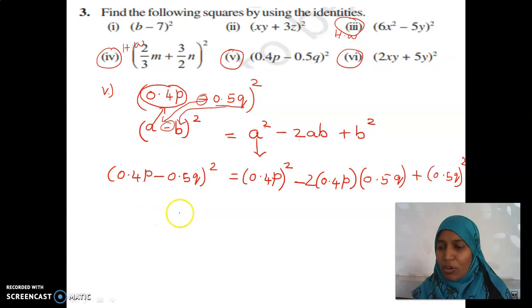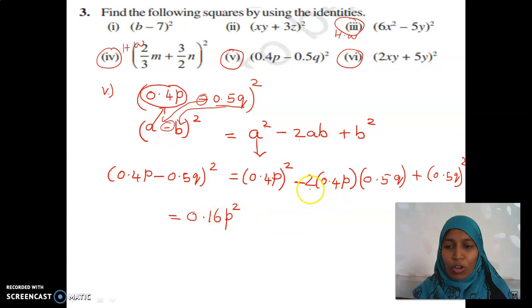Now, it's very simple to simplify. 0.4 into 0.4, 0.16 p squared. Now, coming to the next, we have 4 2s are 8, 8 5s are 40, 2 decimal places. So I will have 0.40, minus, pq.